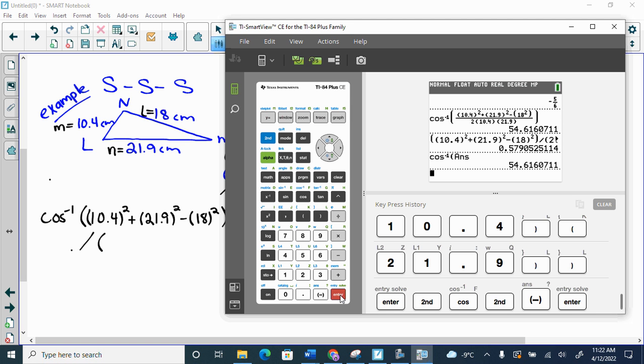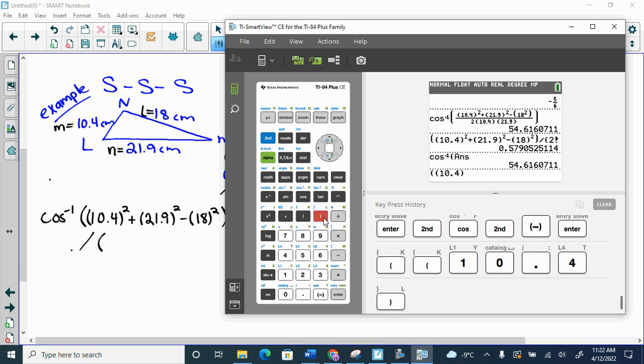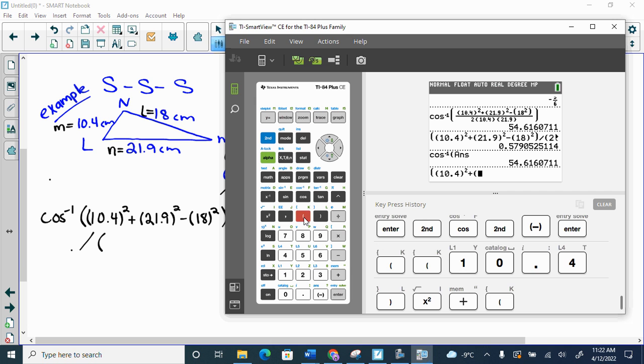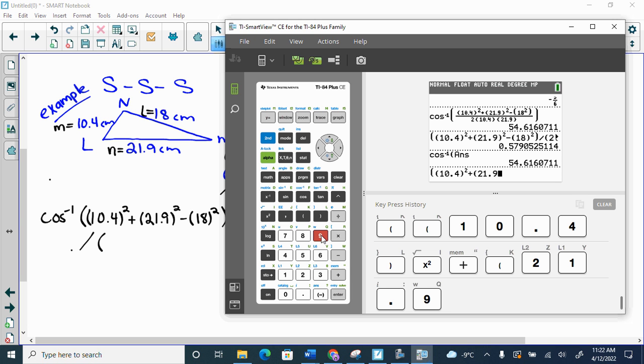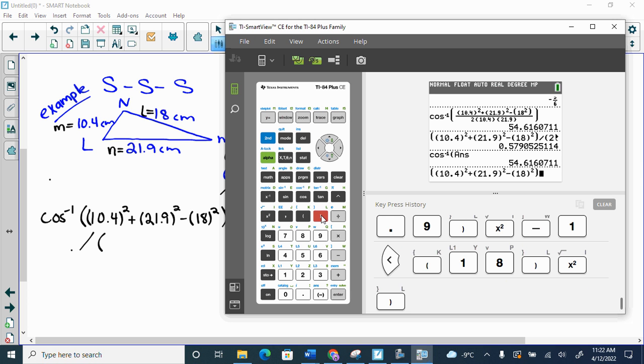So what I did is I literally typed the top in brackets. I go bracket, and then I go bracket 10.4 squared plus bracket 21.9. Guys, quiet please. Squared minus 18 squared. Then I close the bracket because that's the full top.